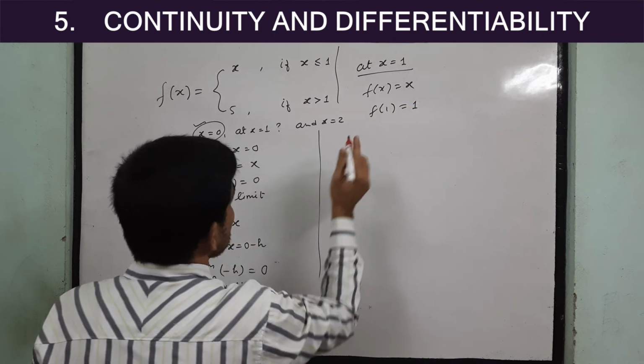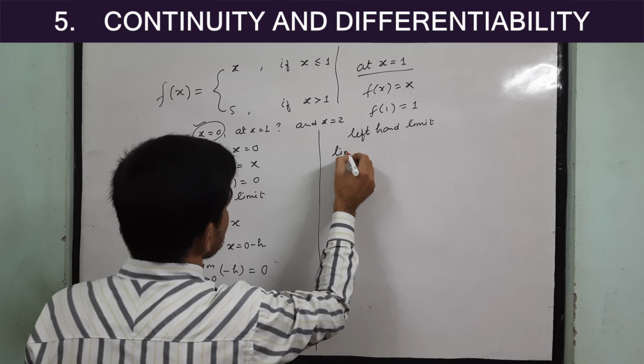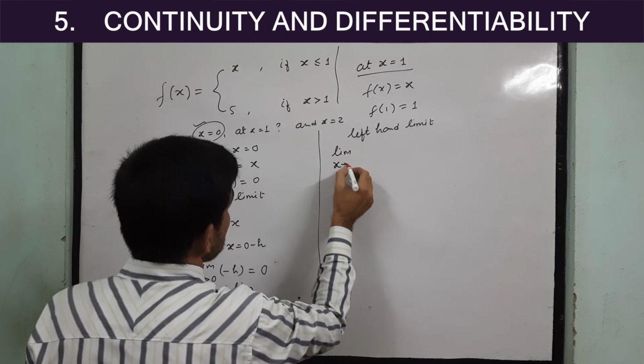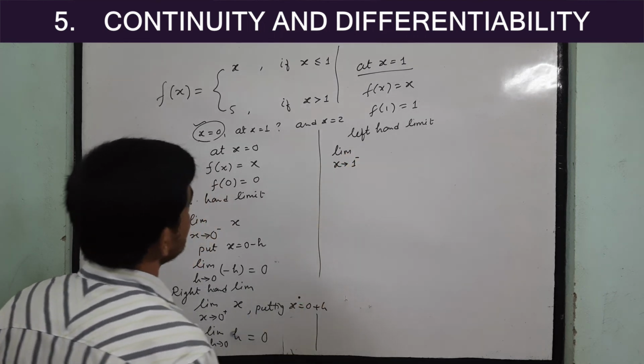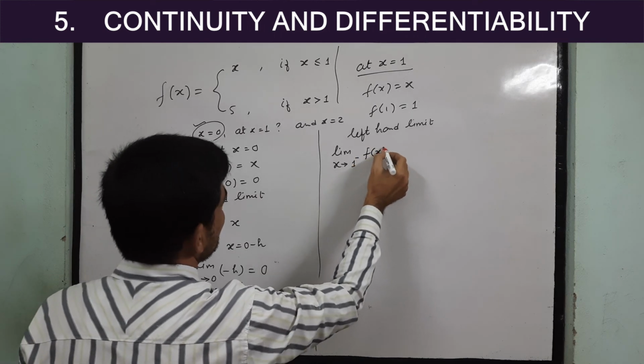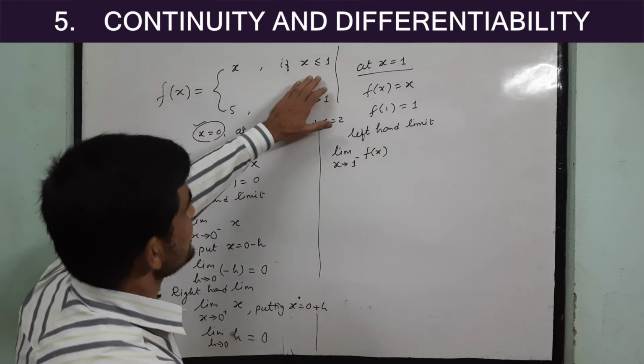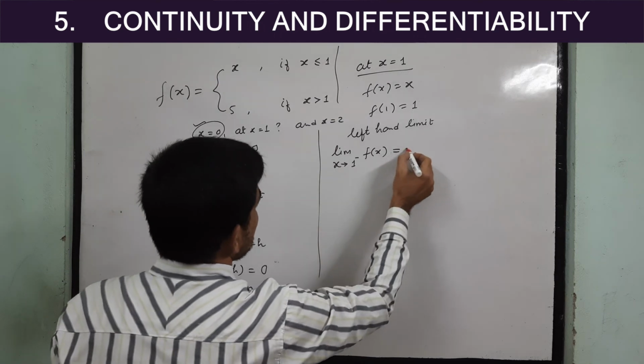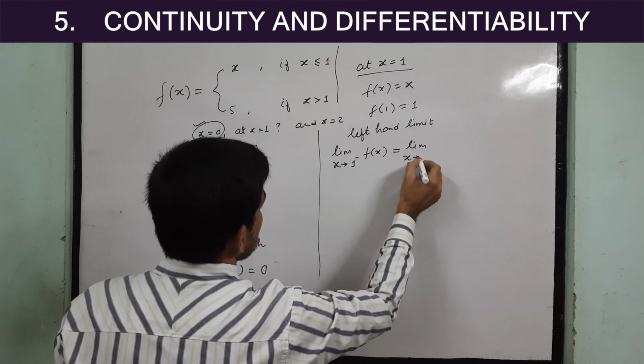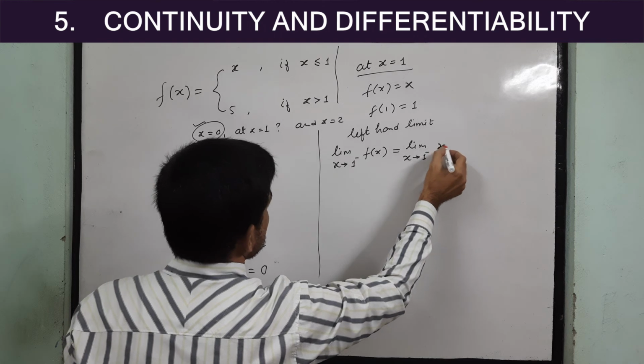Clear? When we take a left hand limit, limit x tends to slightly less than 1 of f(x), when we take less than 1, the function is defined as x only.